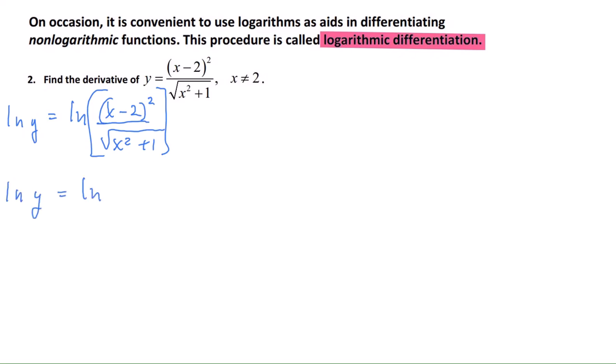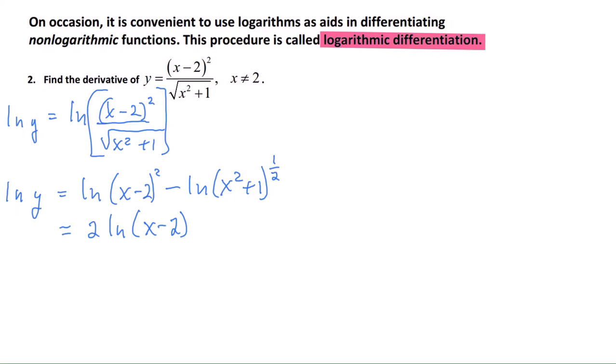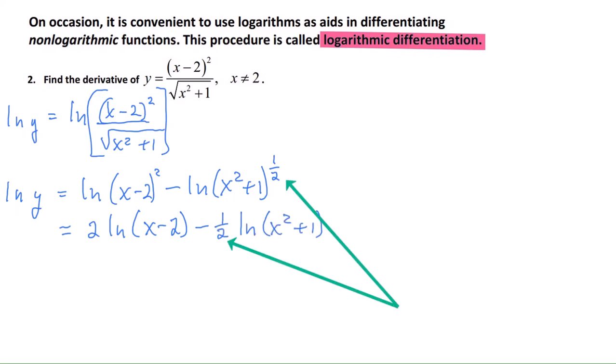I know from my log rules that I can subtract the natural log of the denominator from the natural log of the numerator. I also know from those rules that I can bring that 2 exponent out front. That's what I did on the first term there. And I can do the same thing with the half on the second term. So far, so good.